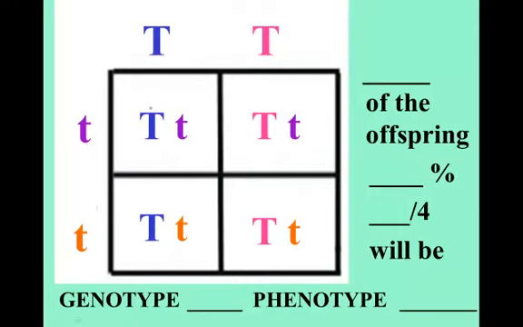Usually when you put the gene combinations together, if you have a dominant one, we put that first, because that's the one that's going to show. Even though the recessive one is here, it's going to be hiding. If I put the dominant one first, I can see right away which one is going to show. Is it wrong to write little t, big T? No, but it's easier to see the answer if you put the dominant one first.